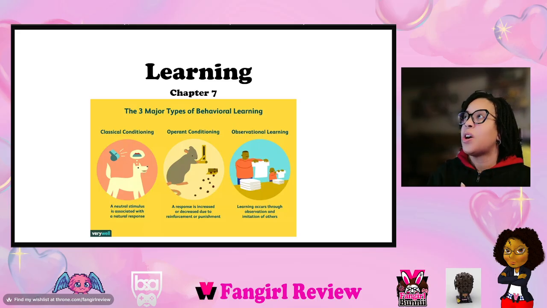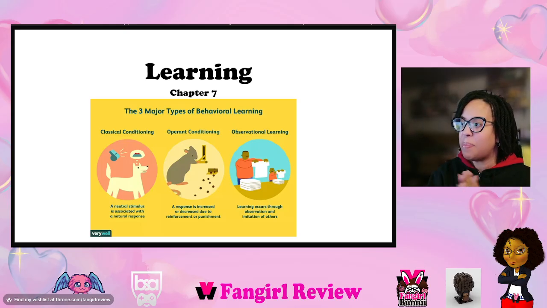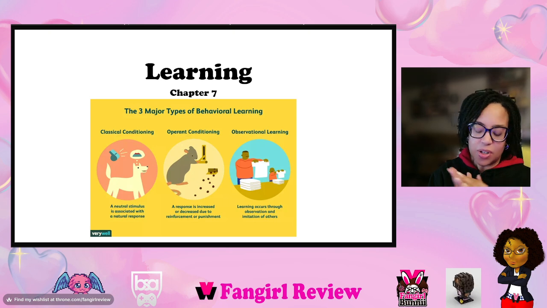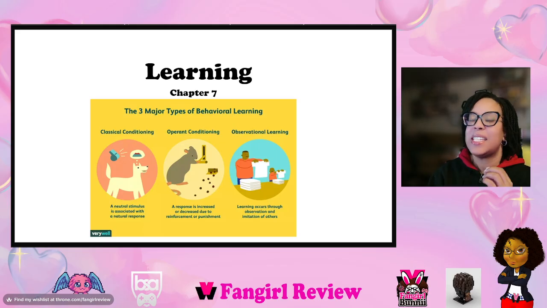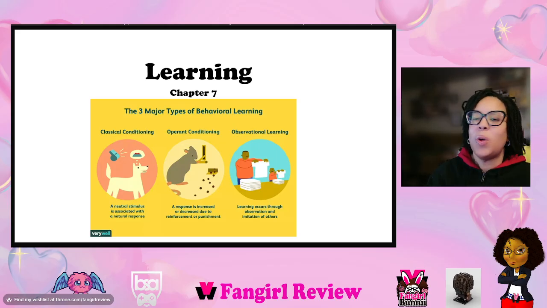So let's first start with classical conditioning, which was founded by Ivan Pavlov like in 1930 or so. And how did he do it? He did it by studying the salivation in dogs. And you're like, what does that mean?